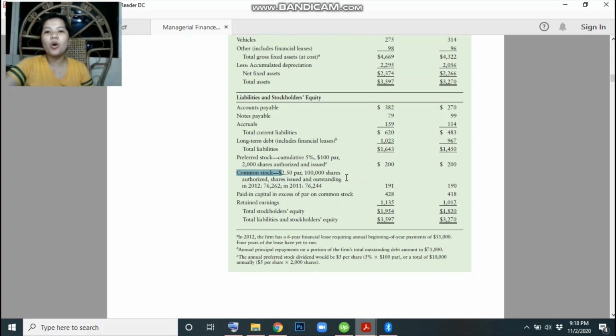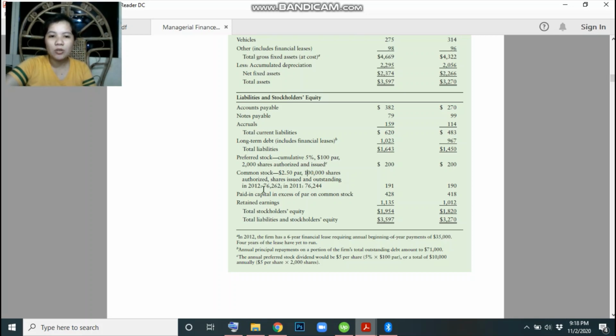Okay? Next is the common stock, para ni sa mga true owners sa corporation. If you are a true owner of the corporation, you should have common stock. Okay? Pila man ang par value sa common stock? That is $2.50. Okay. Unsa man ning 100,000 shares authorized? Mao ni ang number of shares nga gi-allow si Barley nga ibaligya for capital.